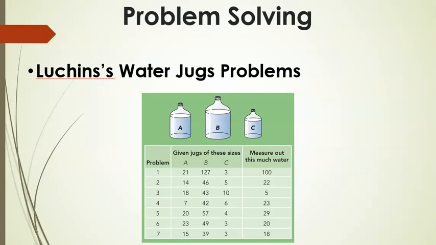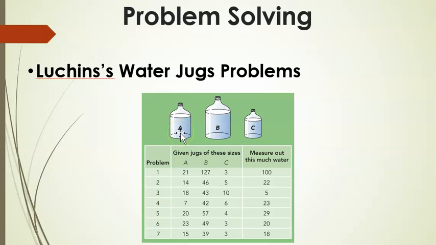There's another common problem that we'll use to study how people do problem solving, and this is Luchins' water jugs problem. In this problem, participants are told you've got 3 jugs, okay?